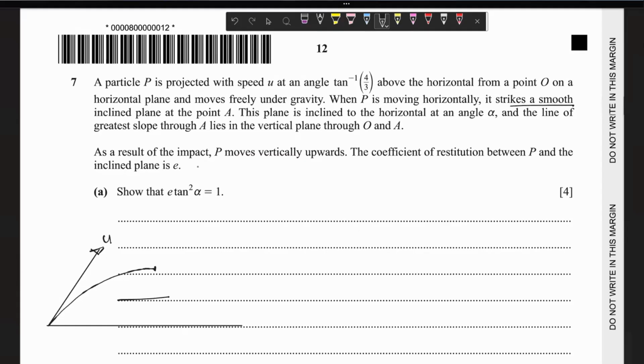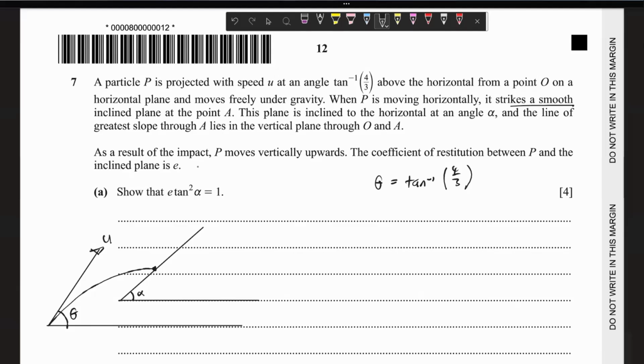So there's a smooth inclined plane here, and the plane is inclined, they say, at an angle alpha. So there we have the impact going on. And this was projected with an angle theta, where I'm saying theta is arctan of 4/3. So this is what we have essentially.